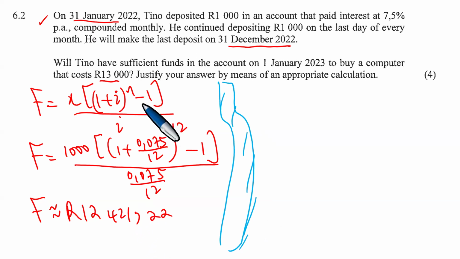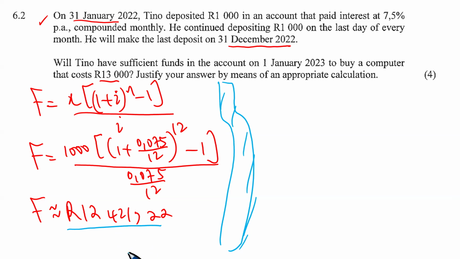But now, if he's paying 1,000 every month, and the interest rate is actually 7.5%, by the time he makes his last deposit on 31 December, he's going to have 12,421 rand and 22 cents.